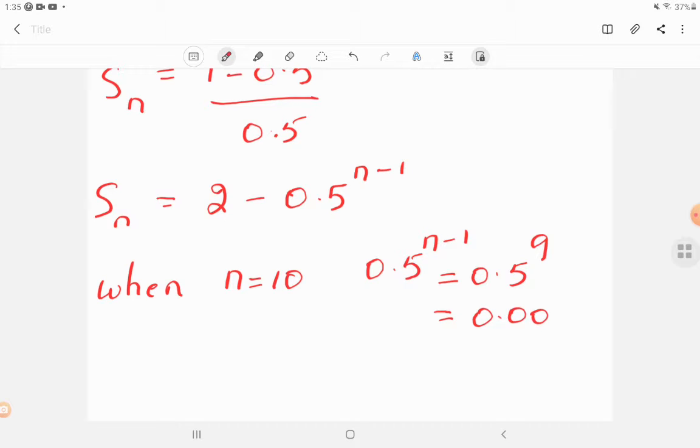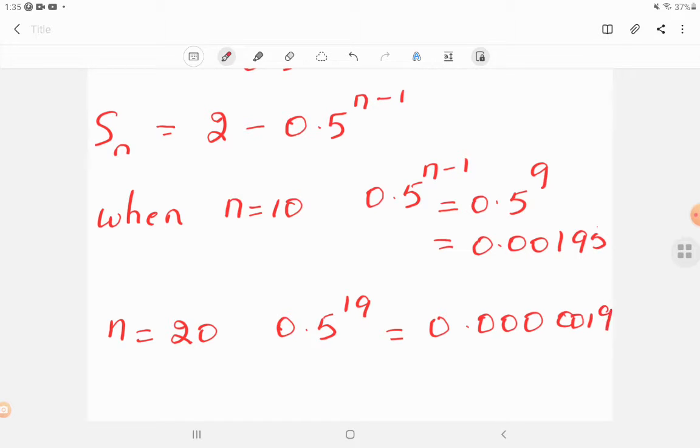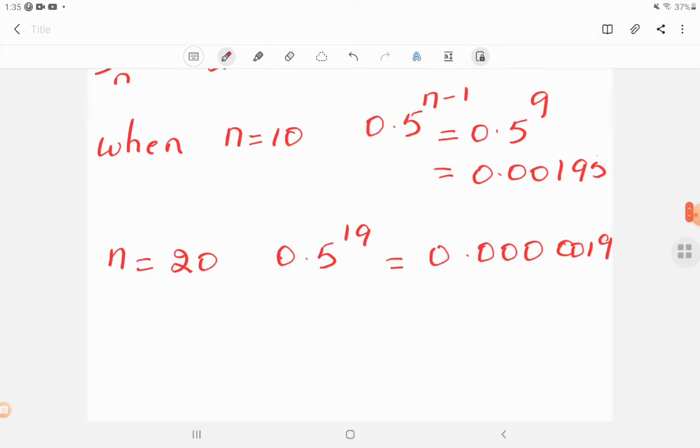Just use a calculator and you get 0.00195. Then let's increase the n value again. When n is equal to 20, that means 0.5 to the power of 19 is equal to 0.0000019.